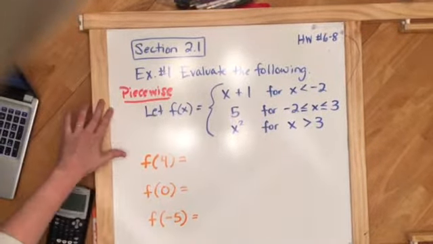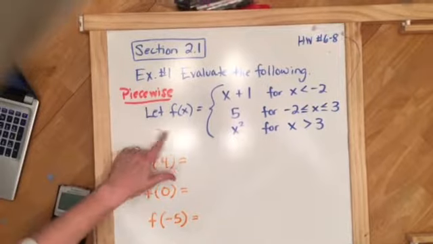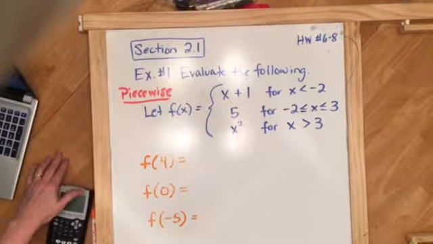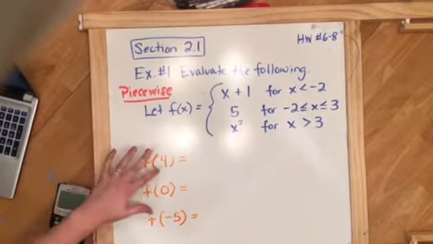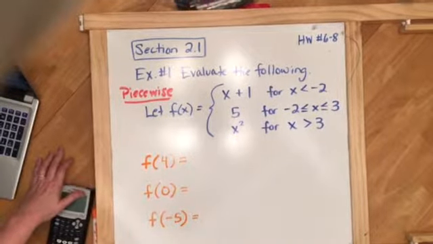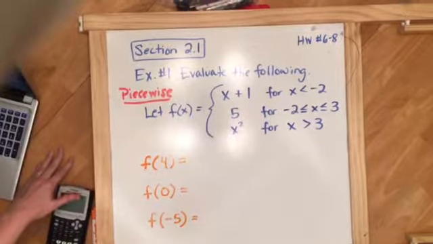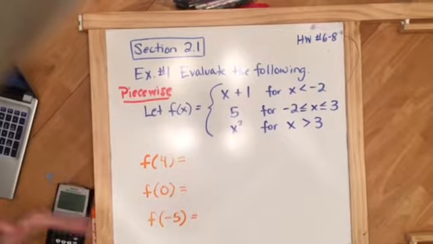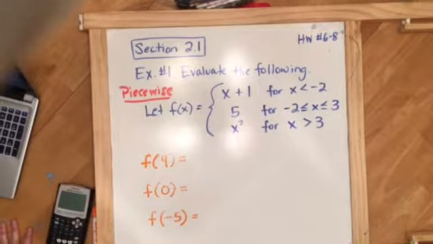Basically a piecewise function is a function that comes in pieces, and this is a function with 3 pieces. Sometimes a function has 2 pieces, and sometimes more pieces.